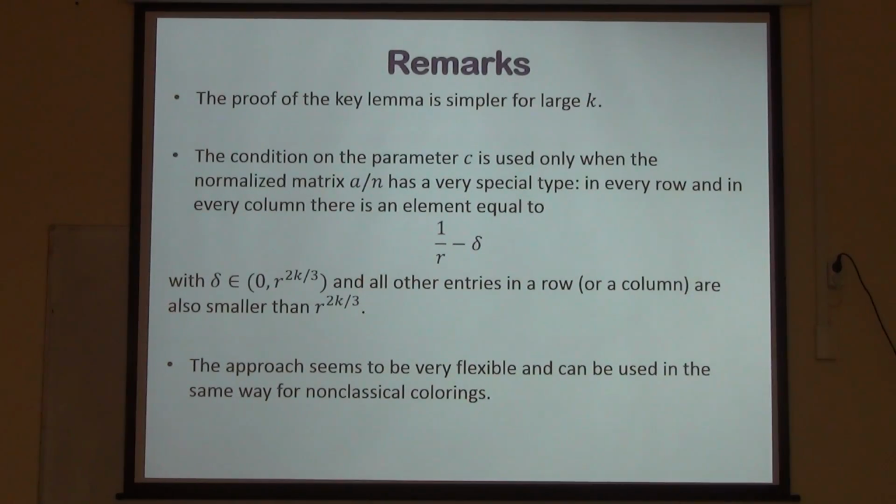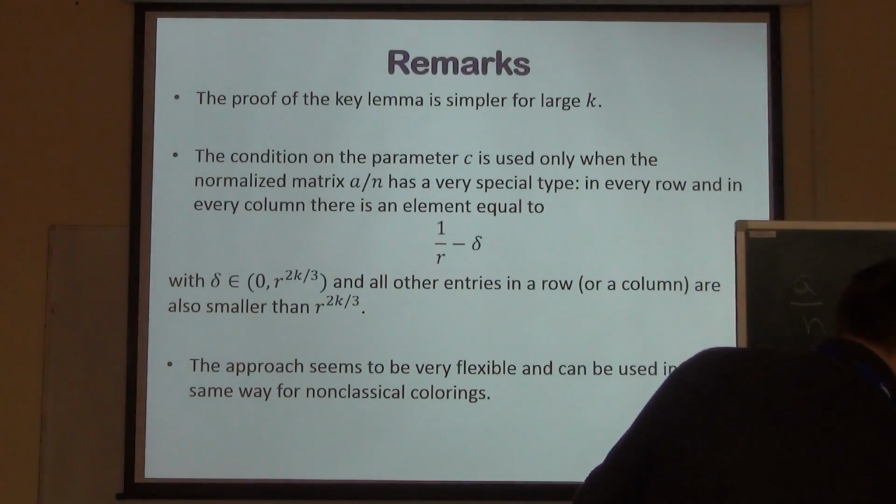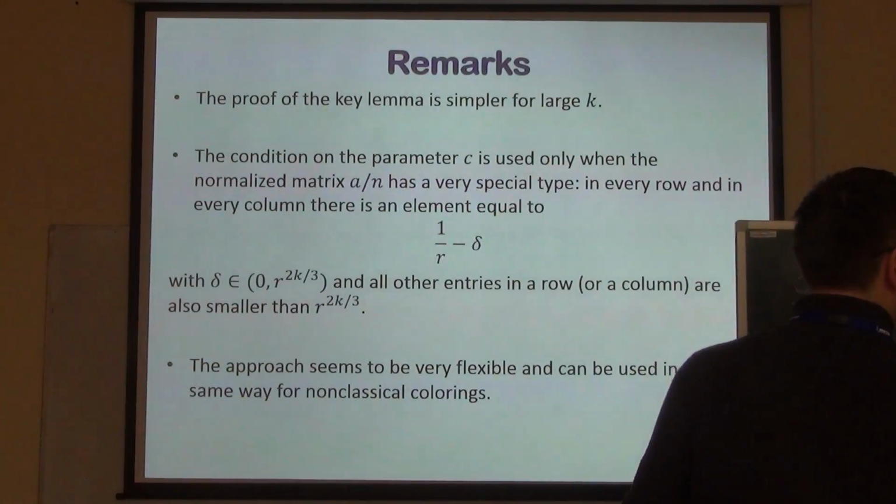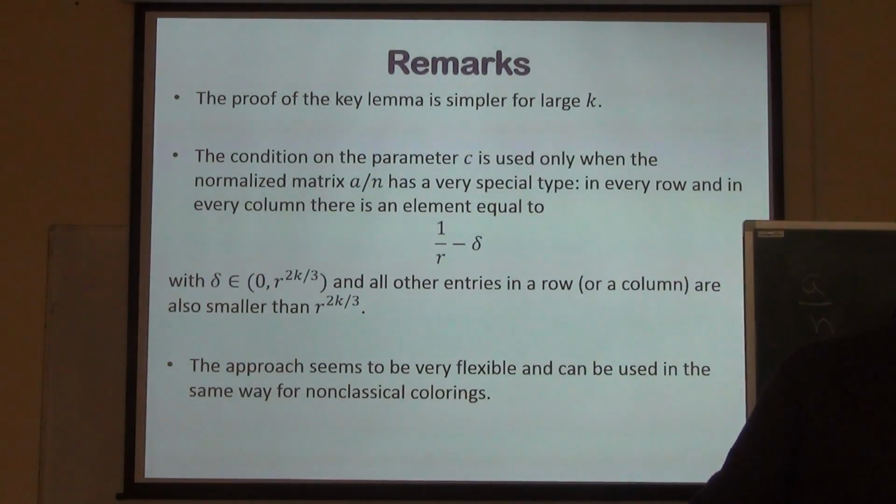And all the other entries will be, so this is the first row, and all the others will be similar, but we should have this number on the diagonal.